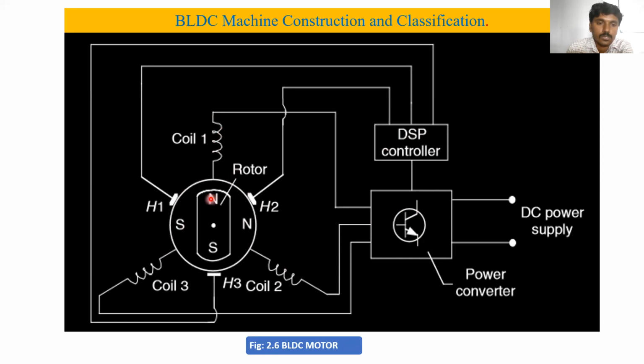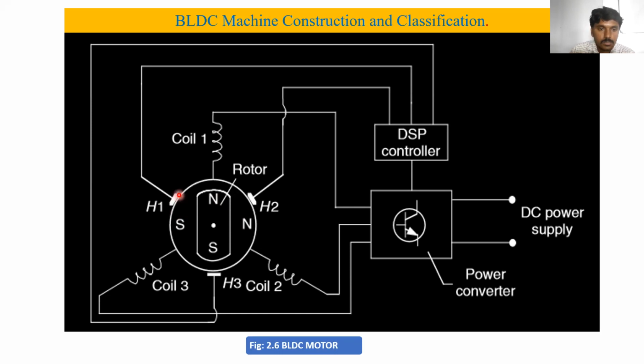In the rotor circuit, we are using the permanent magnets. Clear? And we are also mounting the Hall sensors, that is, the position sensors, on the surface of the rotor circuit.